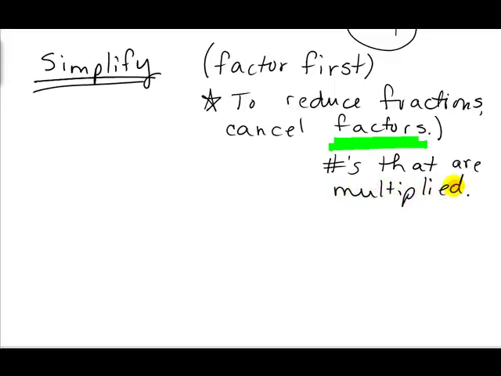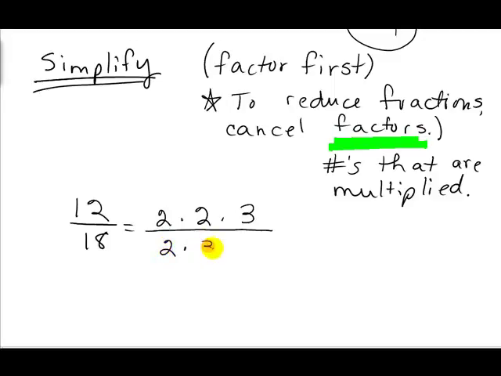So another very quick little review before we get started. Let's say if we have 12 over 18 and I need to reduce that fraction. You probably already know that we can divide this by 6 and get our reduced fraction. But if I want to write it as factors, which is what we're going to do in this section, 12 is 2 times 2 times 3, 4 times 3. 18 is 2 times 9, which would be 2 times 3 times 3.